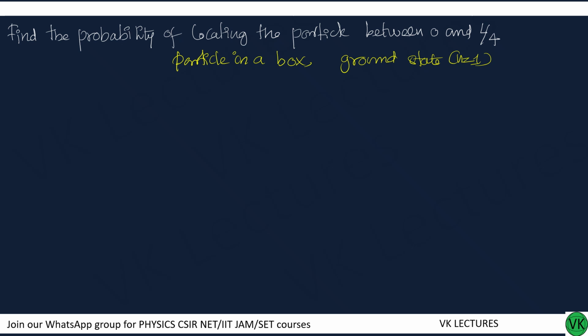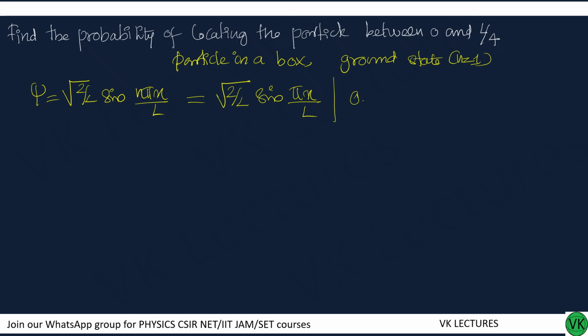So psi is equal to under root 2 by L sine n pi x by L. Since it is in the ground state, you can just take it as under root 2 by L sine pi x by L. Okay, so how to find the probability here? What are the limits here? From 0 to L by 4. So we can take the probability of finding the particle between 0 to L by 4 like this.